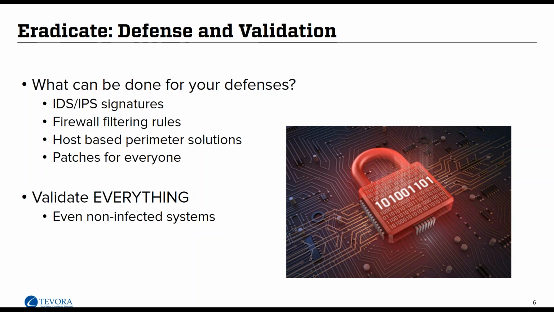So different methods and solutions that we can use: we could create custom signatures for the malware used. We can apply firewall and router filters, move the system to new IP addresses, do null routing, change DNS names, and then just general patching and hardening of systems.